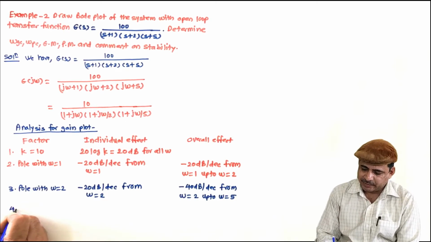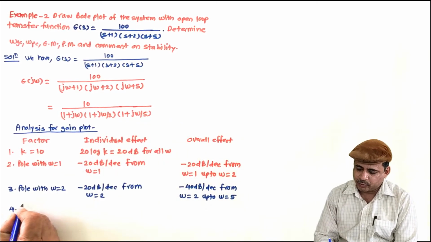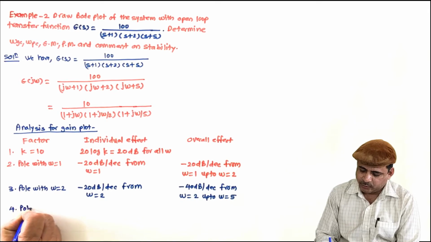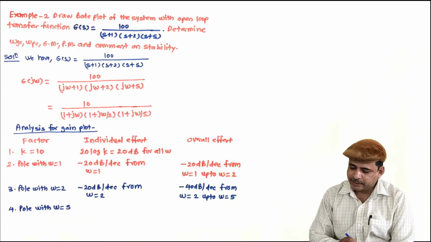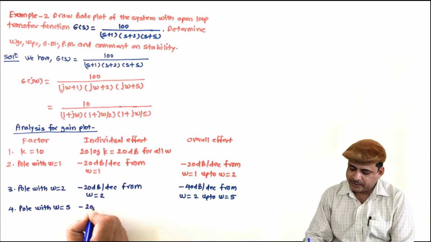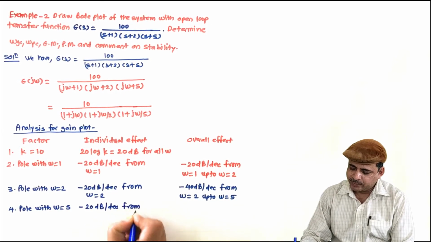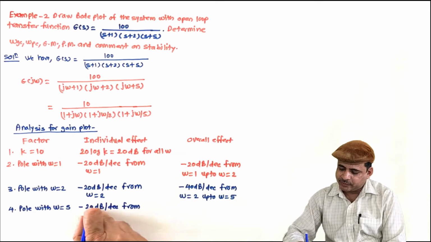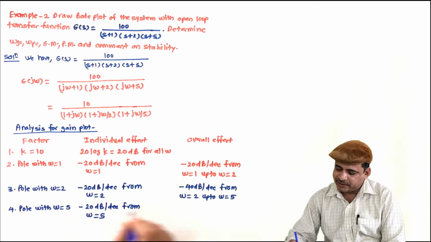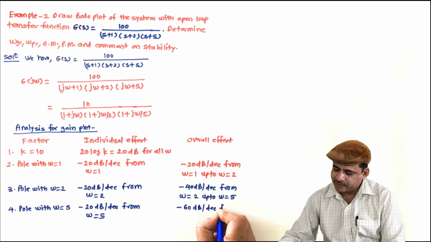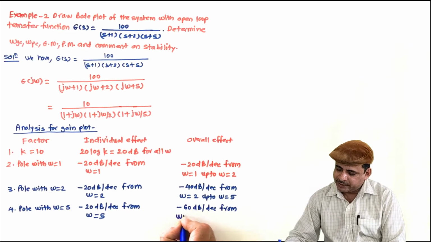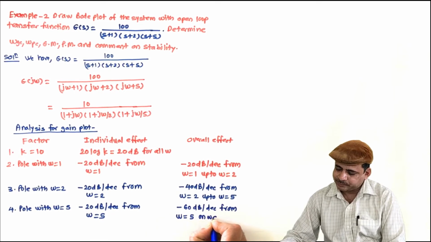Then the last factor is a pole with omega equal to 5, and its impact will again be minus 20 dB per decade from its corner frequency, that is omega equal to 5. Overall impact will be minus 20 plus minus 40 plus minus 20, that is minus 60 dB per decade, from omega equal to 5 onwards.